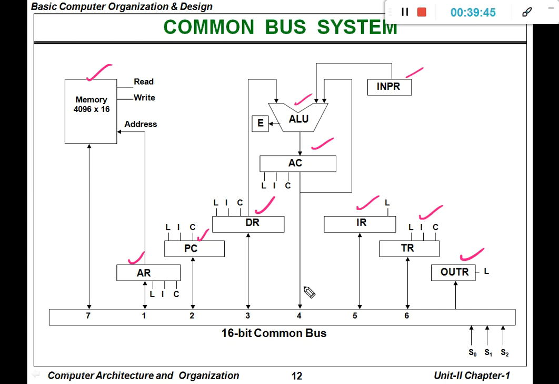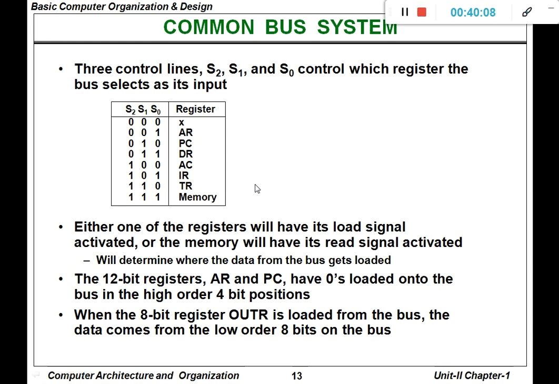If you observe here, the operation 1: whenever S2, S1, S0 is 001, then operation 1 means load AR, load the address register. Like that, the remaining operations can also be defined. For 000 no operation is performed.